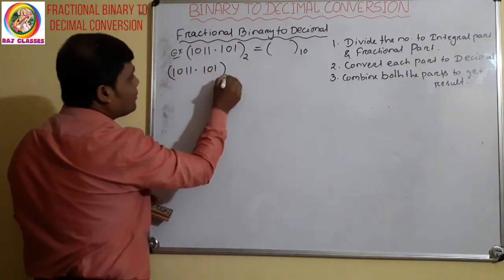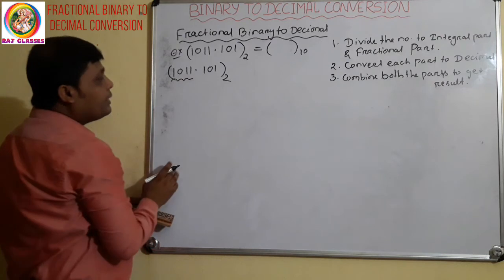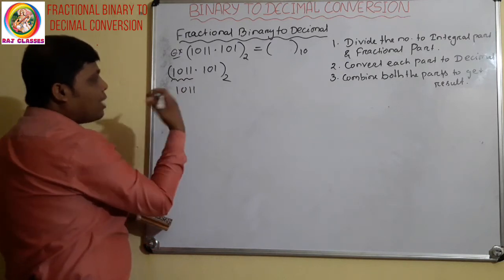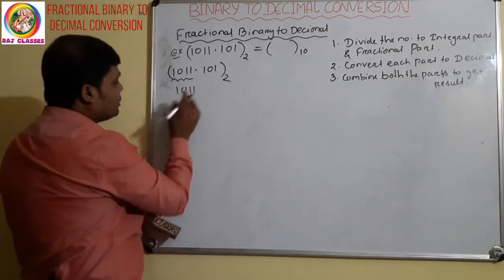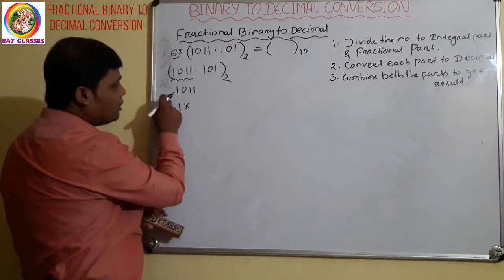1011.101 base 2. Here 1011 is the integral part. How will we convert it to decimal? I have already discussed this. We have to travel from right to left.